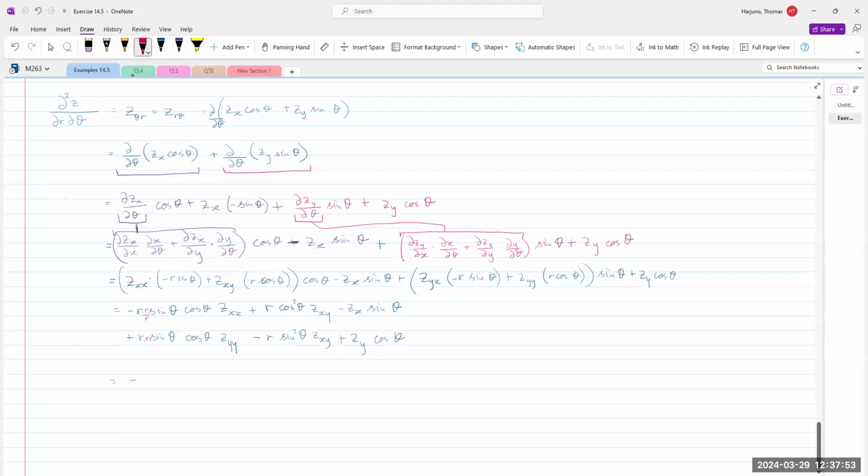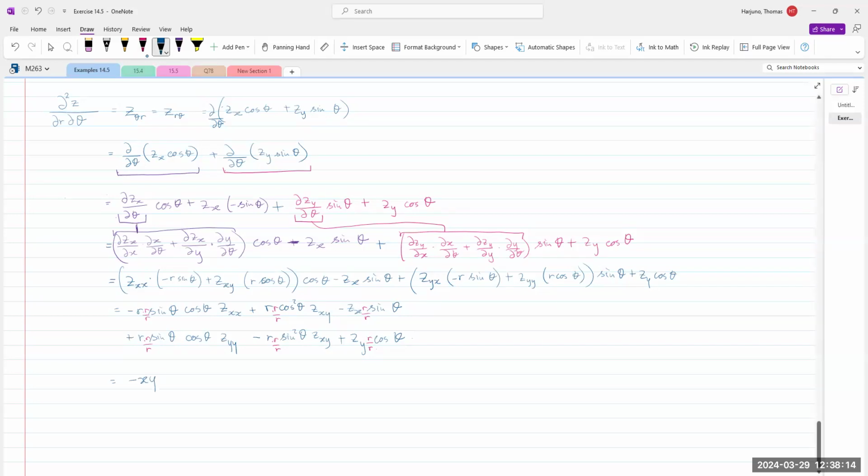My purpose is so that you see r sine theta, r cosine theta, that's basically x and y, right?